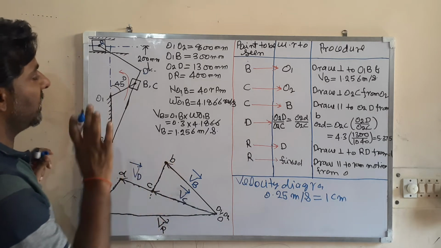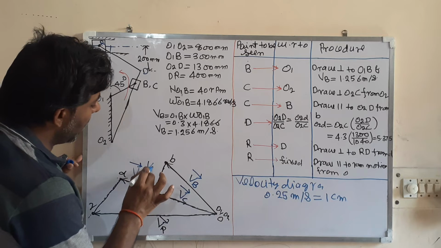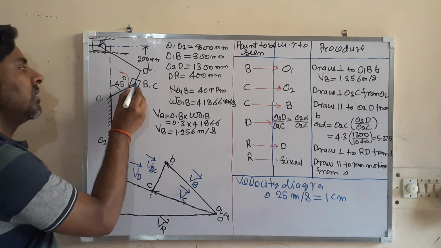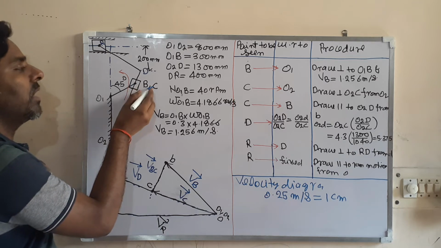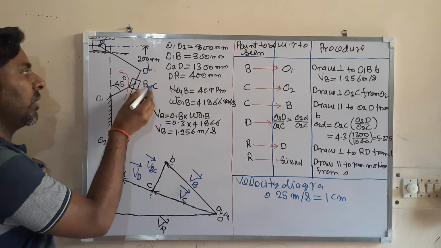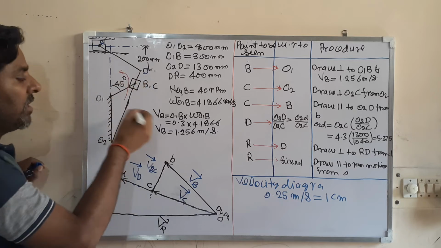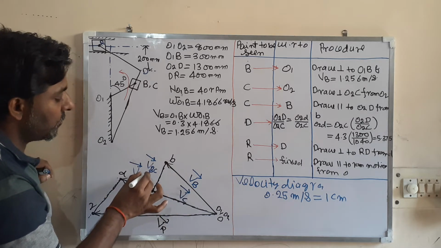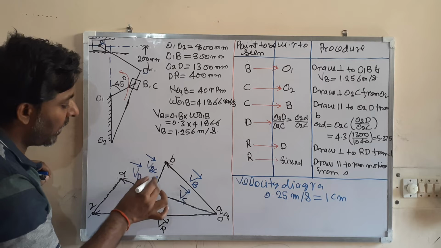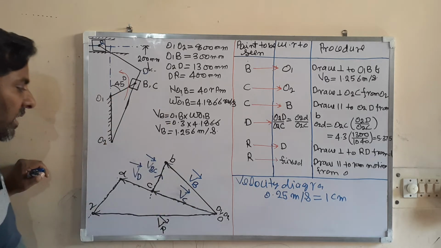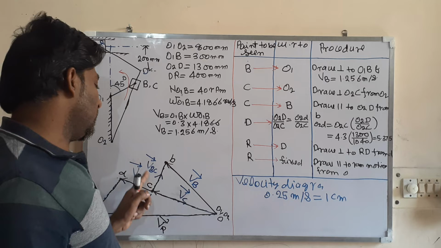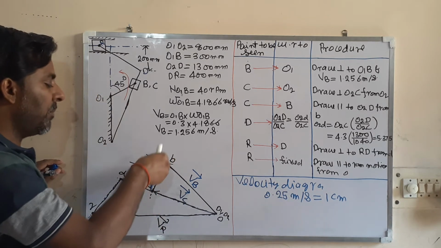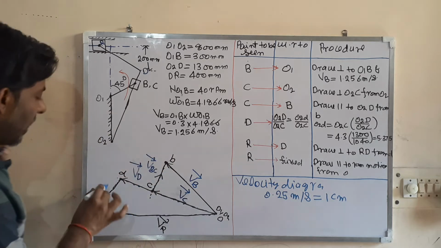Now look here. What is this bc? This is the velocity of point B with respect to C. When you are sitting at the slider and looking at the point C, which is on the slotted bar, you will find that velocity is this bc. Its direction will be from C to B. Already I have told that the direction will be from C to B. But the direction of the velocity of C with respect to B will be from B to C. Now look here, what is this?